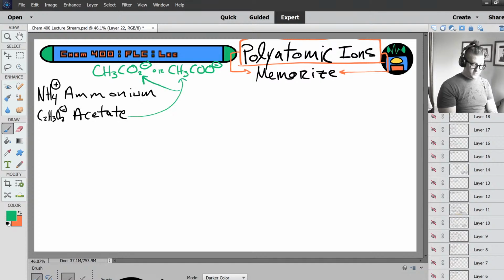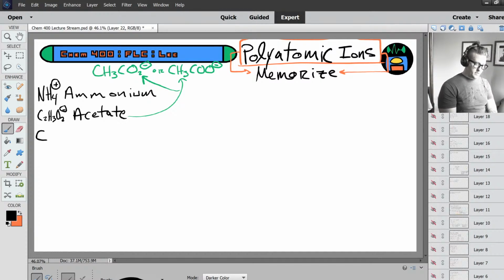All of these forms of acetate are acceptable. All right. I'm going to stick to C2H3O2, but you might be reading other things and you're like, what's that weird thing? It's just an acetate.